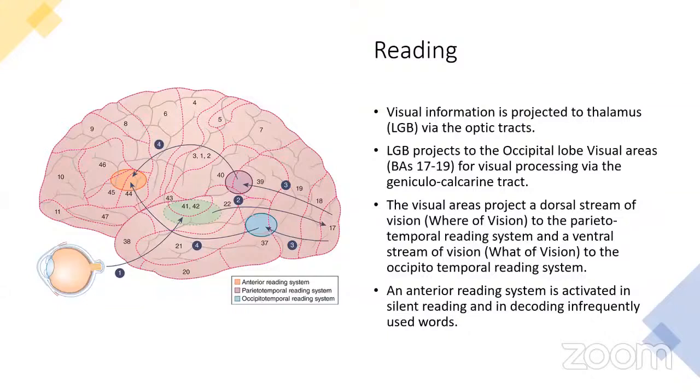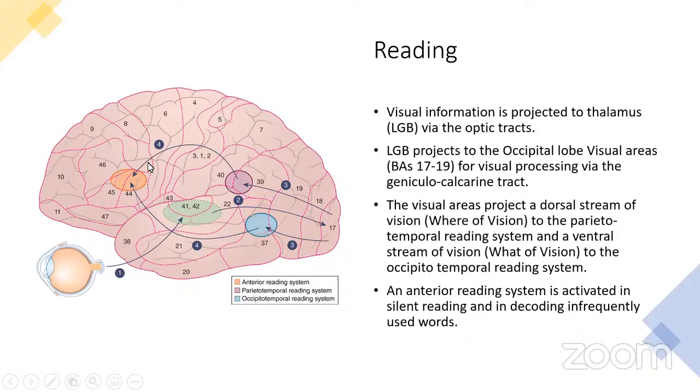There is also an anterior reading system that is activated in silent reading and in decoding infrequently used words. So the visual information comes from the lateral geniculate body via the geniculo-calcarine tract to areas 17, 18, and 19, the visual areas in the occipital cortex. The dorsal stream takes it to the parieto-temporal reading system, and the ventral stream to the occipito-temporal reading system.